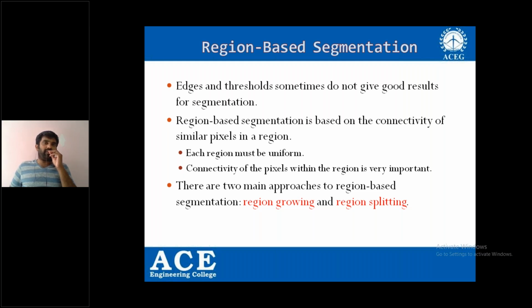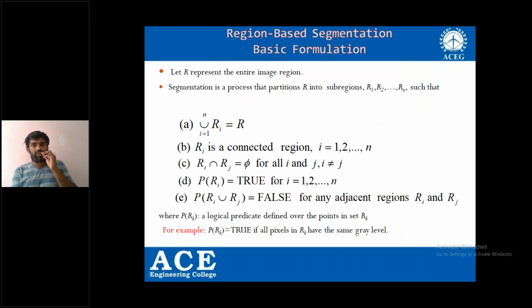So in region-based segmentation, basically we take two approaches. One is region growing, the other one is region splitting, right? In region growing, this is the procedure we follow.